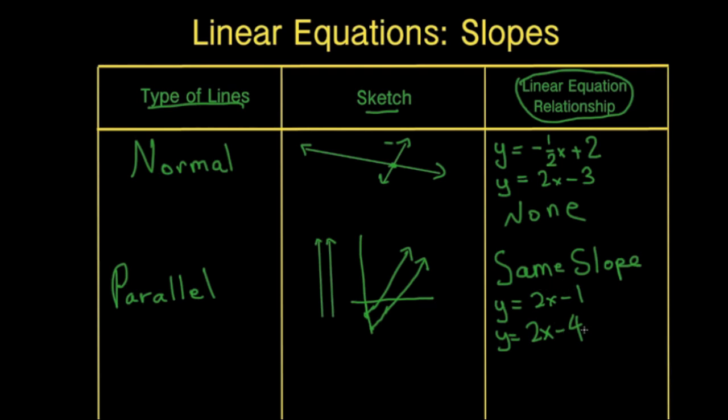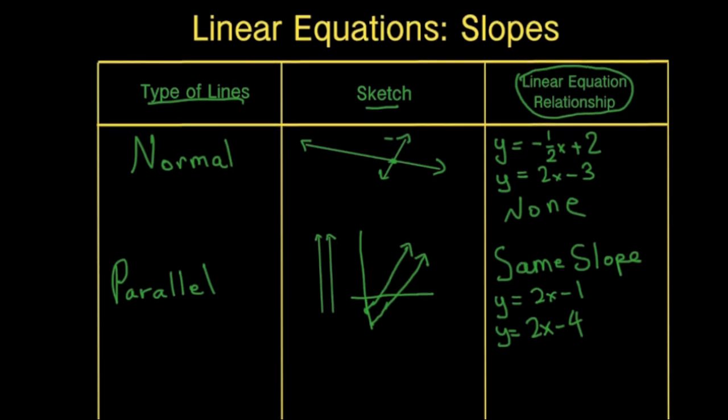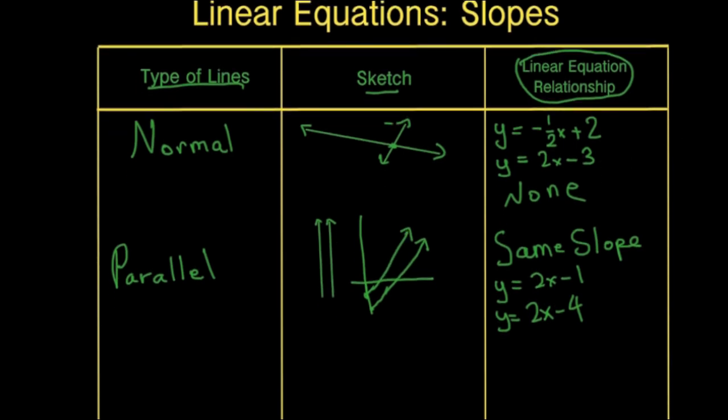So they start from a different point, but they go in the same direction. So that's why they are parallel. Keep in mind that if they had the same y-intercepts, it would be the same line, so they would kind of overlap per se. Of course they probably don't in math terms, but it's an easy way to visualize it. So that's parallel lines.